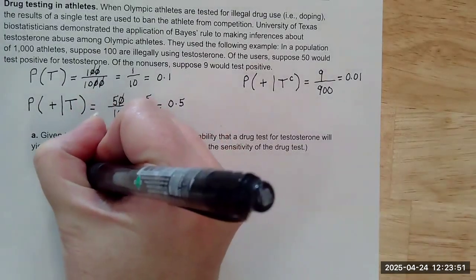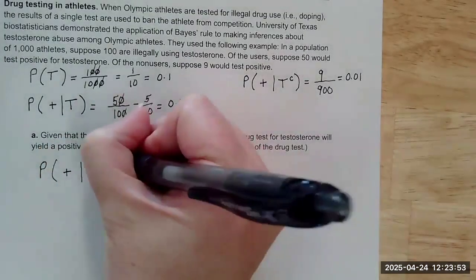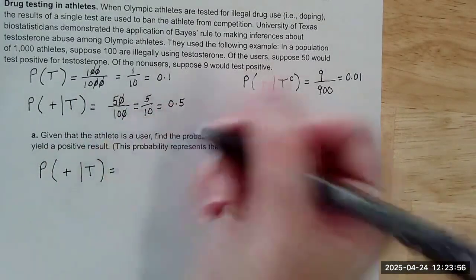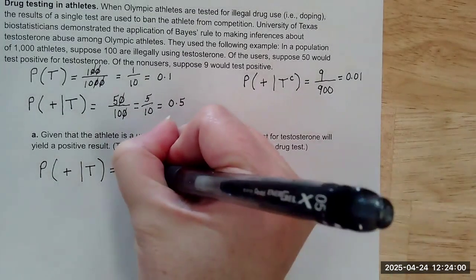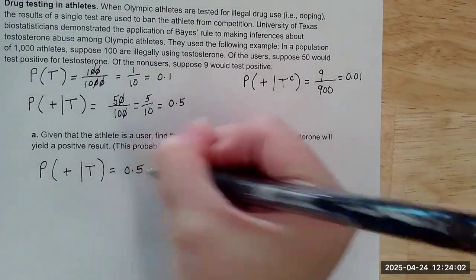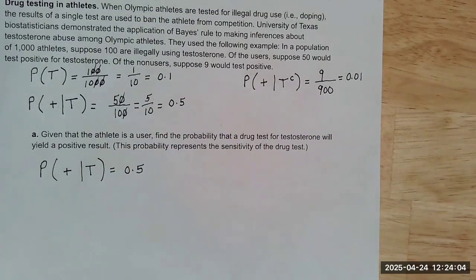So they're asking for the probability that it tests positive given that they're actually a user. We already have that number. We figured that one out was 0.5. So we don't need to do that one again. So that's why I like putting down everything we've already got. Sometimes we get answers for free.